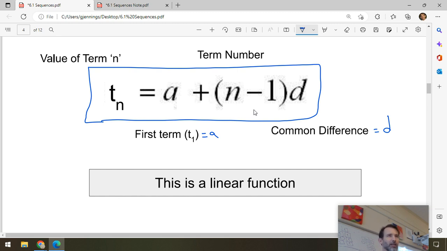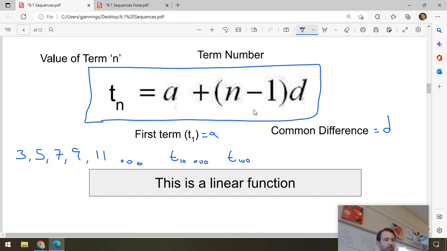So let's do a little bit of a different one. Just going to change the example from the beginning. 3, 5, 7, 9, 11. Find for me T1, T10, and T100. How would we do this?